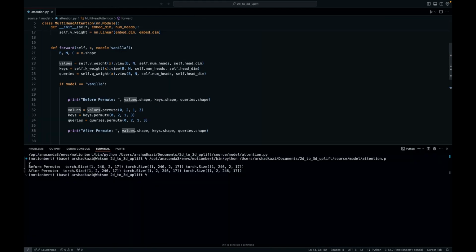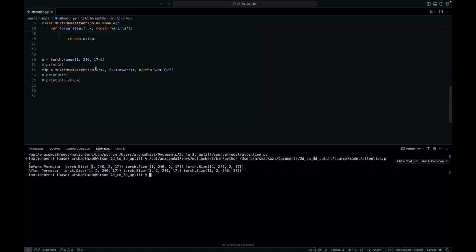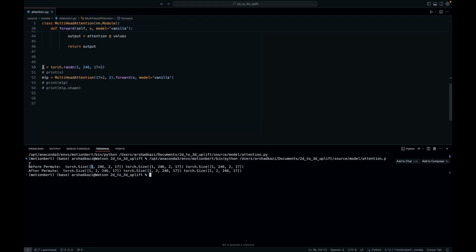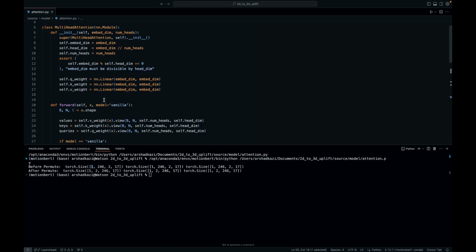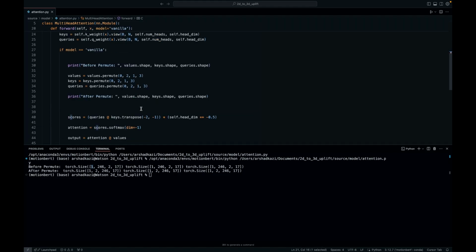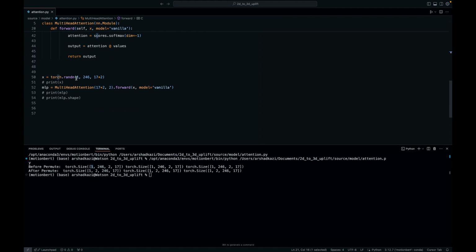You can see that before the permute it is like this here. Before going into that, we need to understand what I'm passing here. X is my input, and this is just one batch. If you see here, this is batch, length, and channels. So this is one batch only.